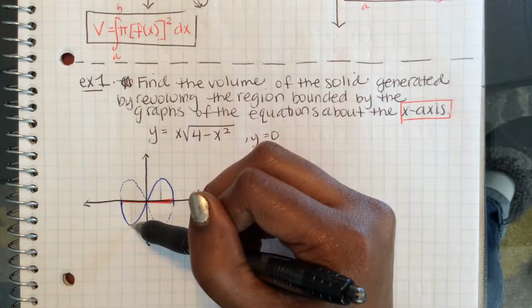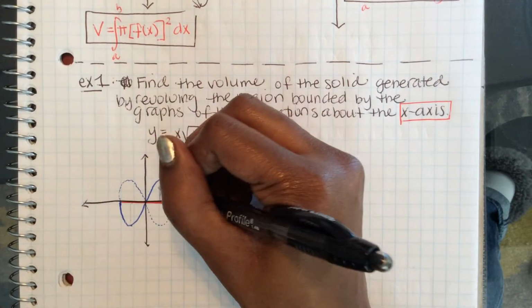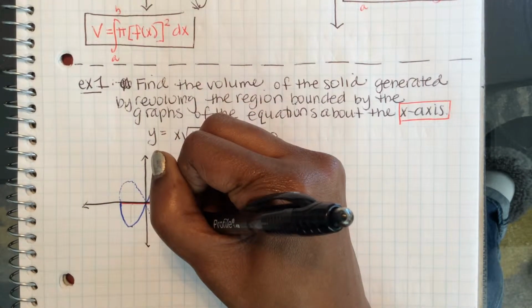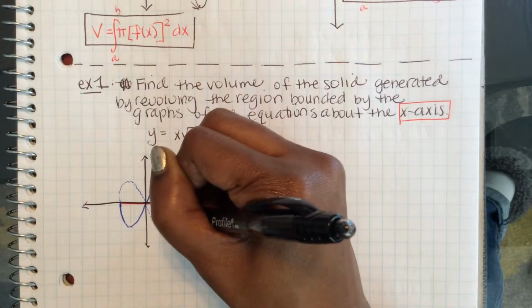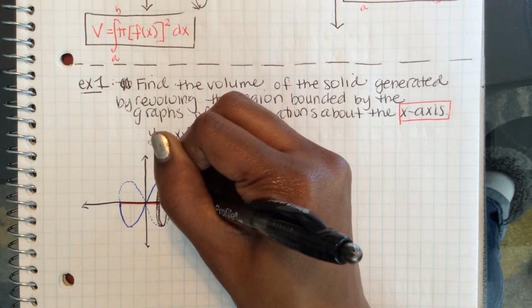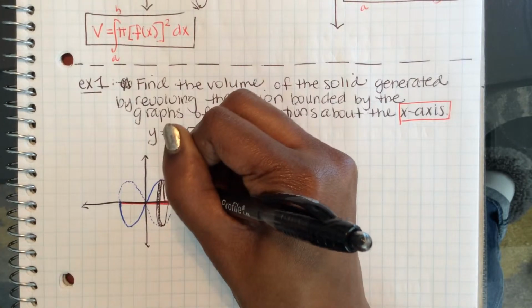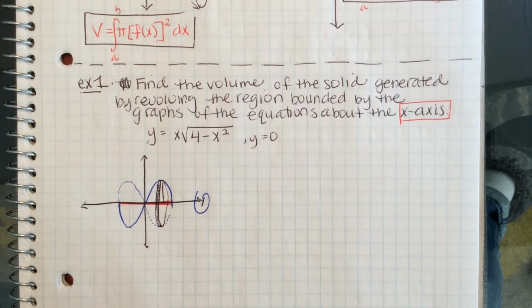So I am going to have to split this into two integrals. Keep in mind that we're doing infinitely many disks to find the volume of that 3D shape.